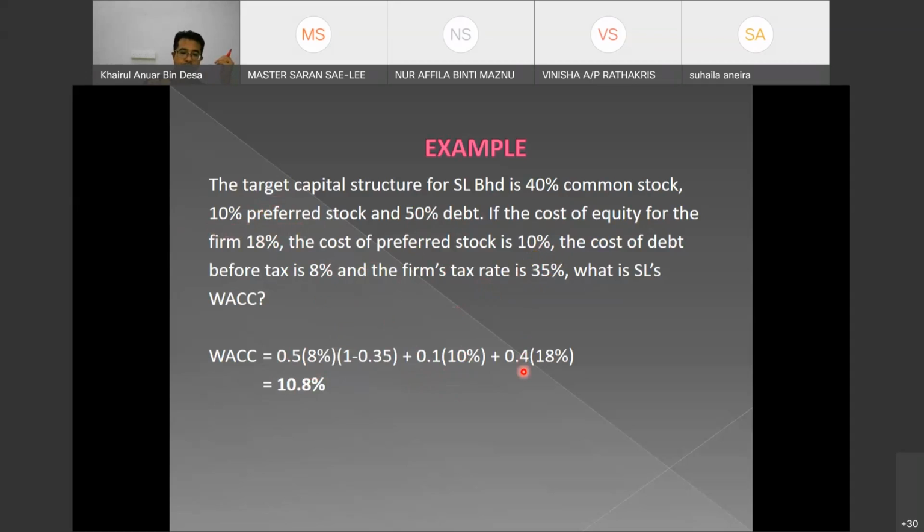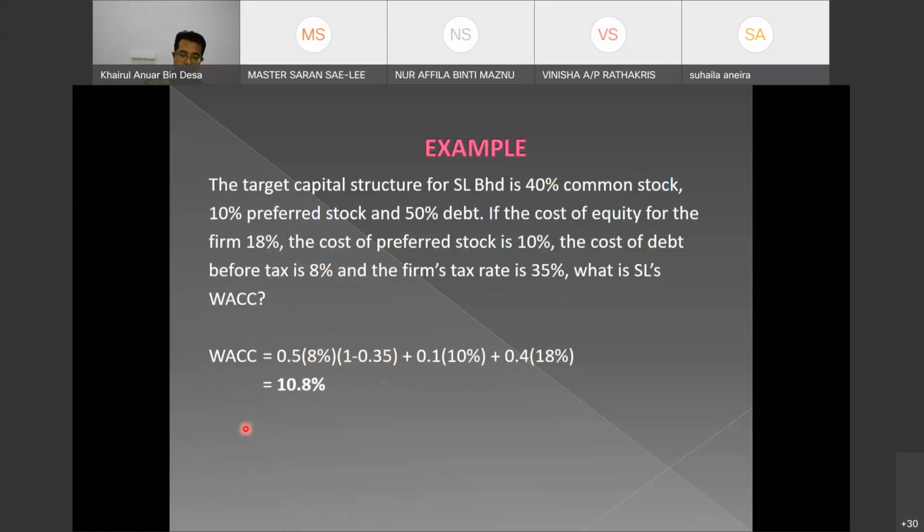And 0.4, what is the 0.4? 0.4 is the common share. 40% is the common share, and the cost for common share is 18%, cost of equity. So here we have to include tax, because this 8% is before tax, and then this is the usual formula.